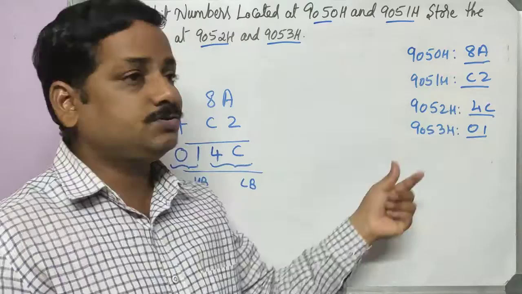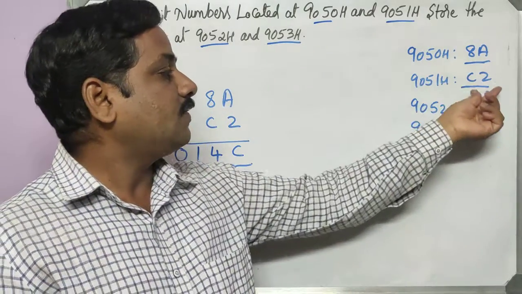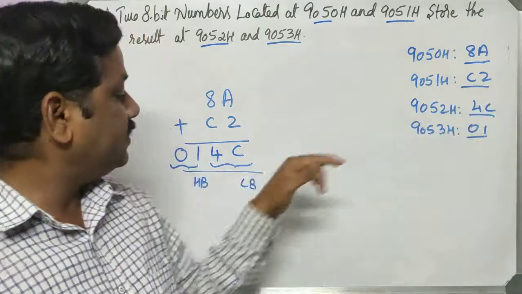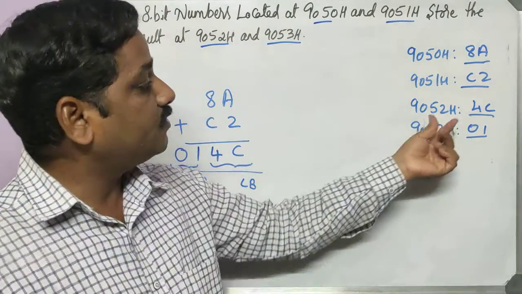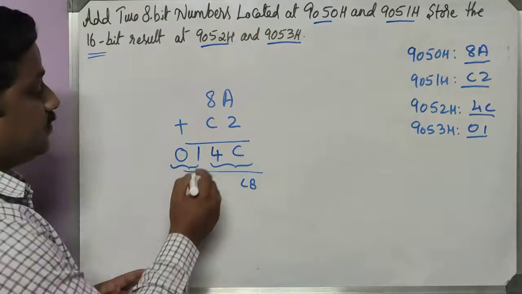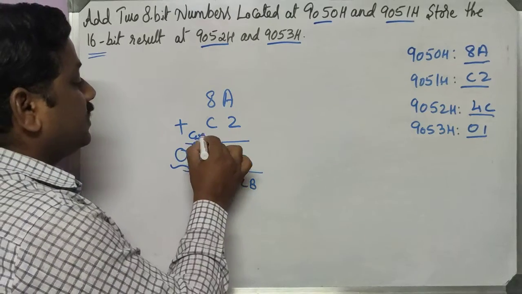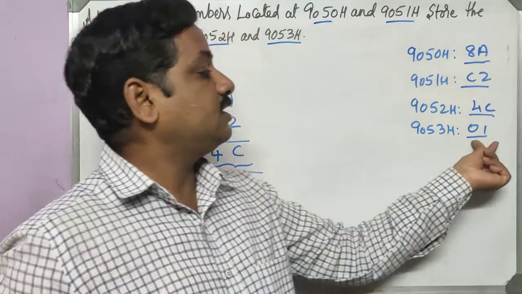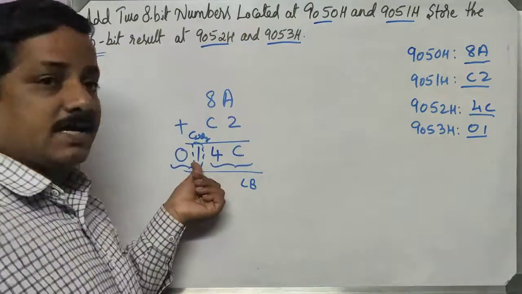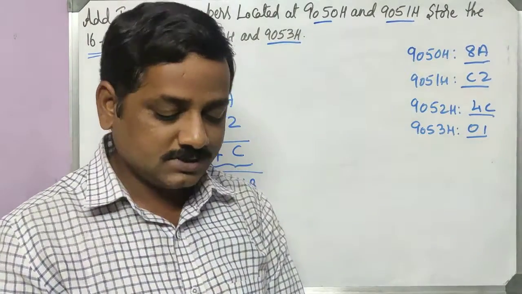In external memory you should give this data, once after writing a program. So after doing this, when we add it, you get the result as 14C. So 4C will be stored in 9052, and then 1, that is a carry. Generally how did we get this 1? Because of carry. This is a carry, right? So if you have a carry, you should put that carry here. If you don't get this carry, it will be 0. So you put 0 here. So that is a condition you need to check.